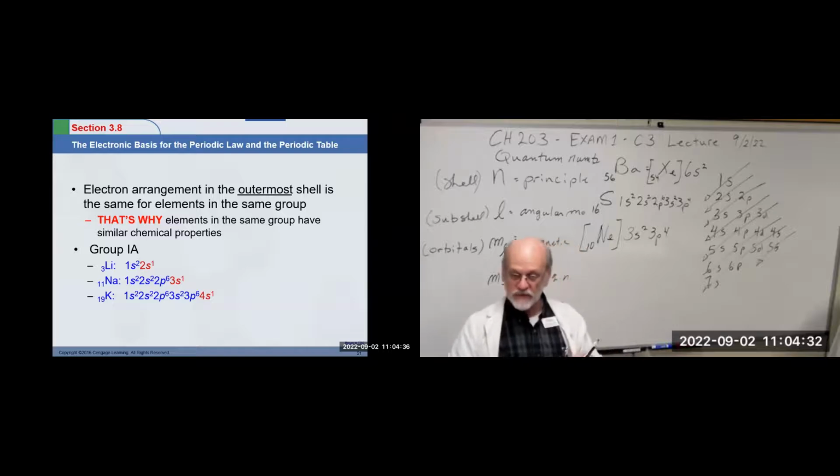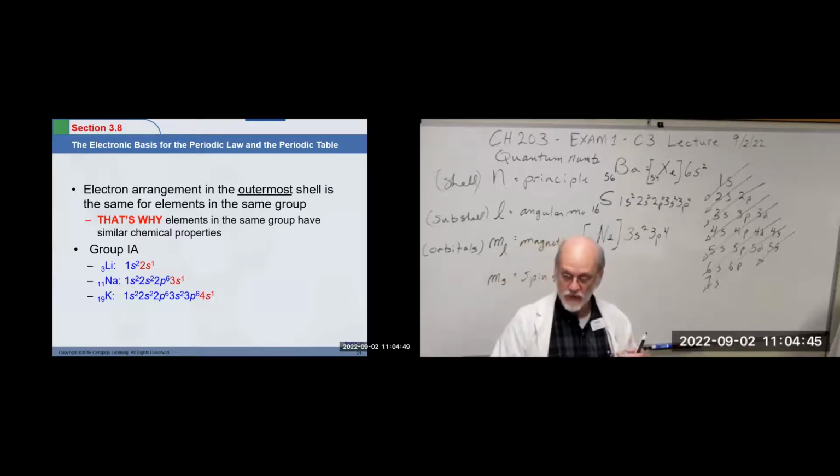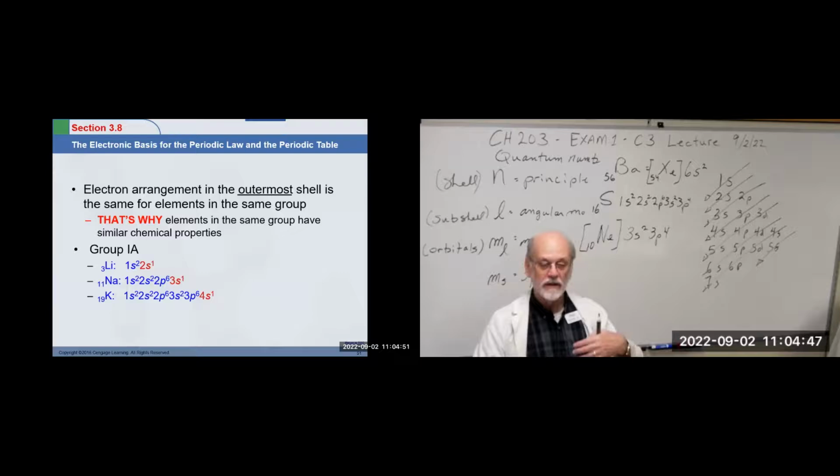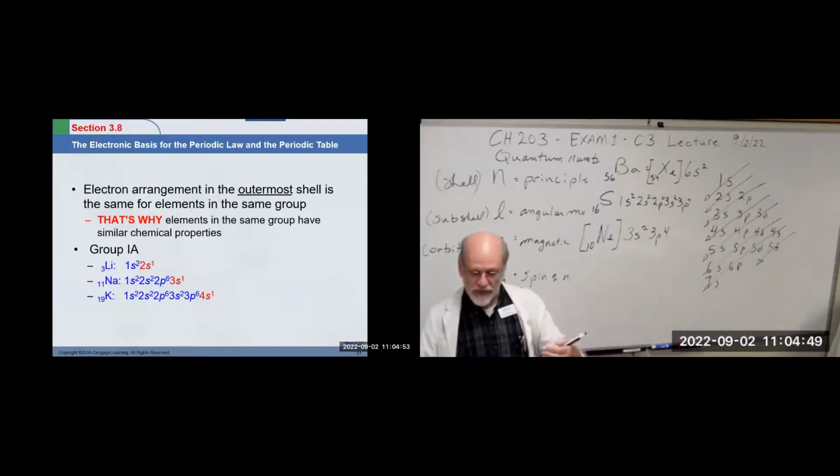So the Roman numeral tells you how many electrons are in that outermost shell. If we're in the boron group, it's 3A. There are 3 electrons in the outermost shell, which means if they're going to acquire the noble gas configuration, they're going to lose 3 electrons, become a positive 3 charge.